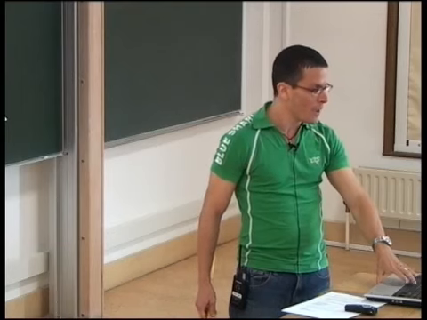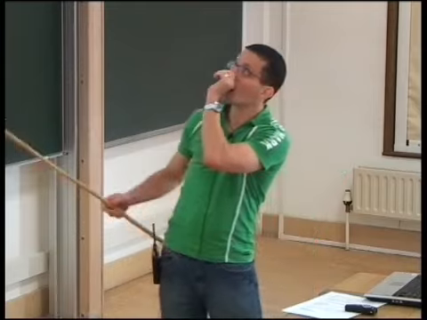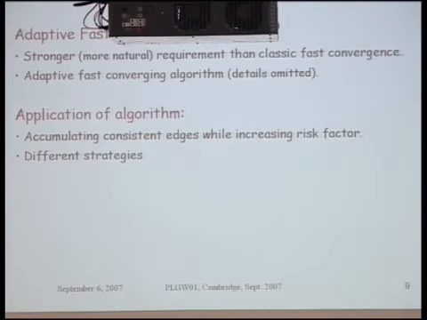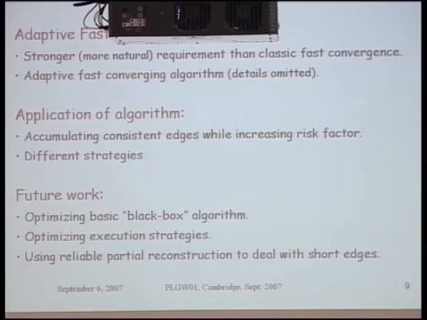So to sum up, we had two parts of the talk. The first part talked about a theoretical term of adaptive fast convergence. We stated that we have an algorithm. We didn't talk much about that. And then we saw we can use this algorithm to get some nice results. There is future work here. I just want to say one slight thing about the major challenge.